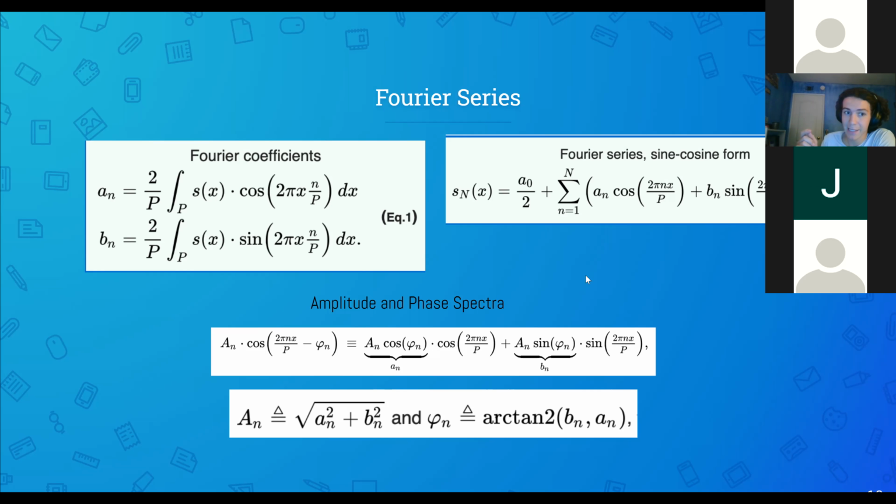what is more important is that over a period of a sine or cosine, if you multiply a cosine by a cosine of the same period, the overall integral will give you something. But if you multiply a cosine by a sine, you'll get 0. So it's like taking a dot product of vectors when those vectors are orthogonal.